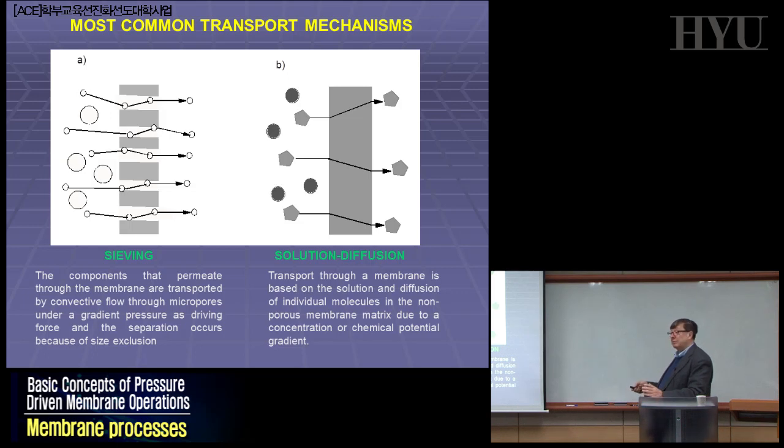But you can have another extreme case, totally different. That's the one I was mentioning before. You can have a system totally dense, no pore at all. In this system, the mechanism is called solution diffusion. That means that some species can be easily dissolved in this phase.